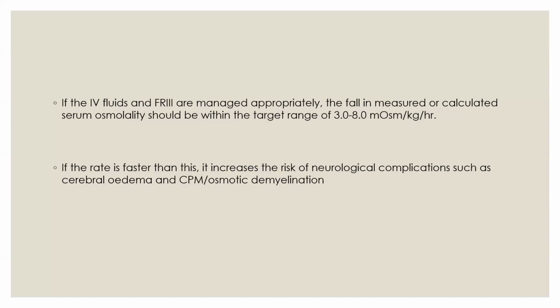If IV fluid and fixed rate insulin infusion are managed appropriately, the fall in measured or calculated serum osmolarity should be within the target range of 3 to 8 mosmol per kg per hour. If the rate is faster than this, it increases the risk of neurological complications such as cerebral edema, central pontine myelinolysis, and osmotic demyelination.